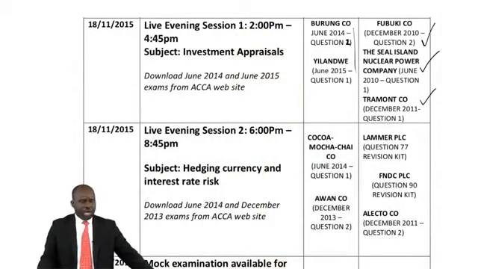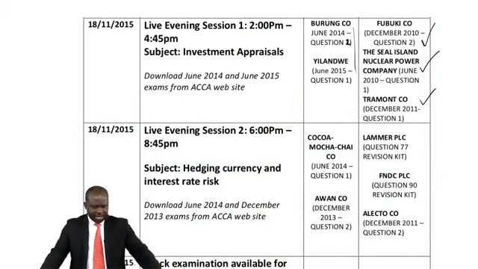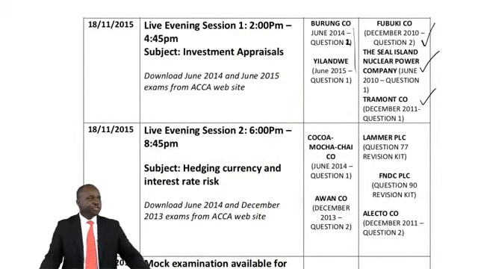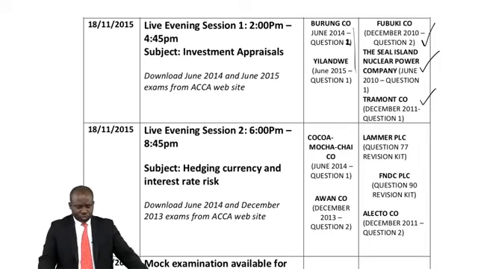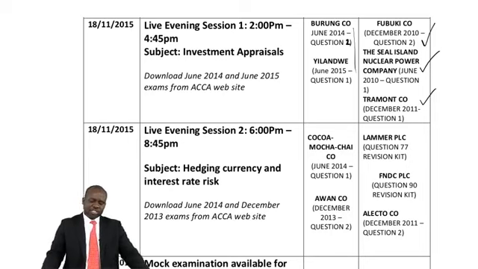So based on our study planner, we would have to be looking at hedging currency and interest rate risk. First, we're going to look at CMC Co, June 2014, question number 1.